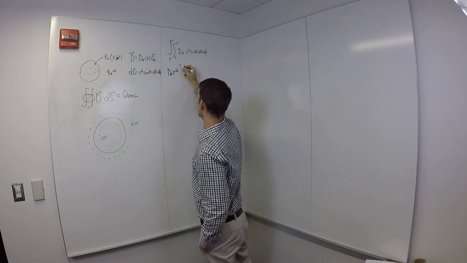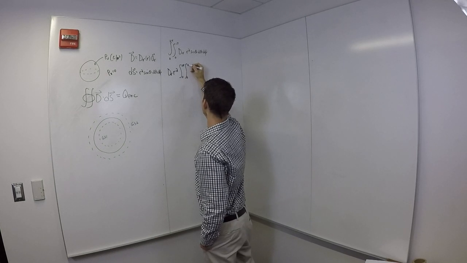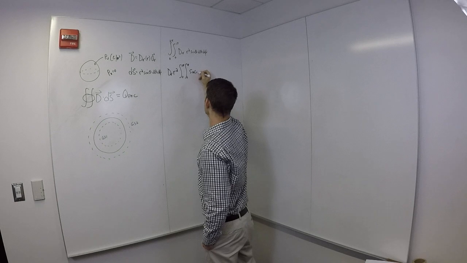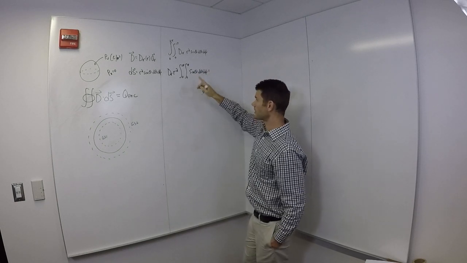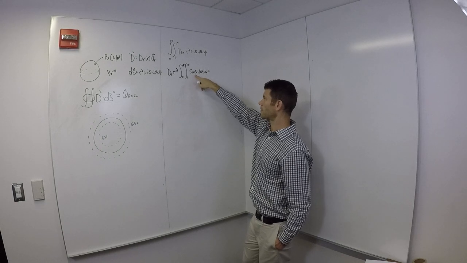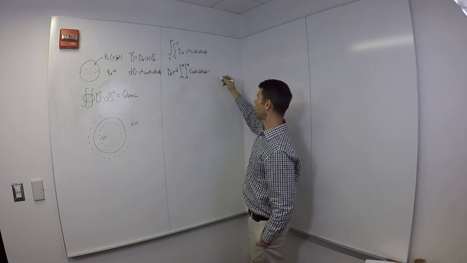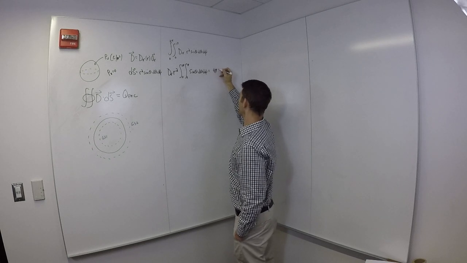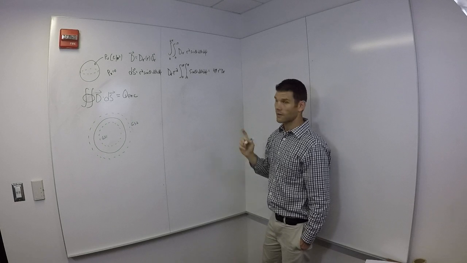D_r times r squared, integral from 0 to 2 pi, 0 to pi of sine theta d theta d phi. Remember I showed you that the integral of sine theta from 0 to pi is equal to 2, and then we have 2 pi, so we get 4 pi r squared D_r. That's the left-hand side.